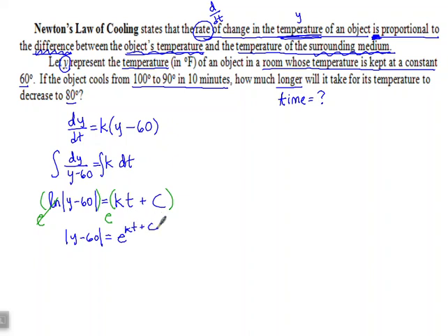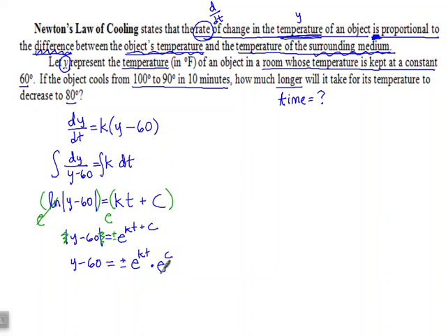Now, I know that when I take away those absolute values, it's going to mean I have to consider positive or negative of those expressions. So let's rewrite what we can. y minus 60 equals, now another thing I can rewrite is e to the kt plus c can be e to the kt times e to the c, where e to the c is just a constant.